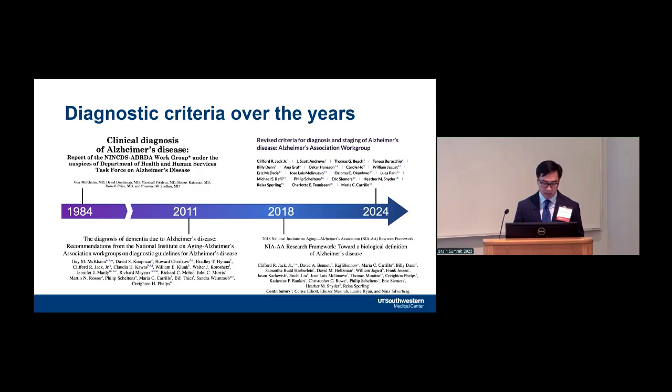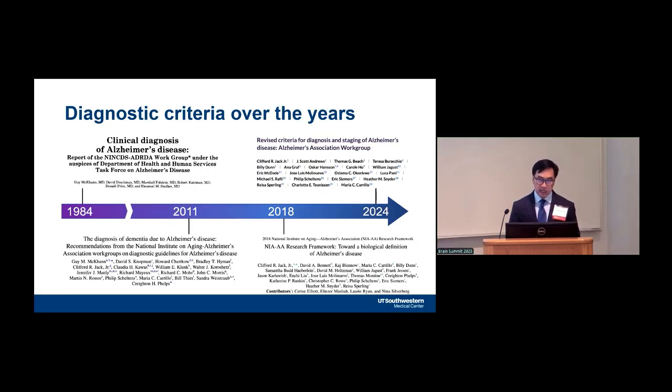And I apologize to my patients in clinic because we've actually changed the diagnosis over time. Back in 1984, the first criteria came out, which basically said if you had a dementia syndrome and you've ruled out stroke and Parkinson's disease and hydrocephalus, you probably have Alzheimer's disease.